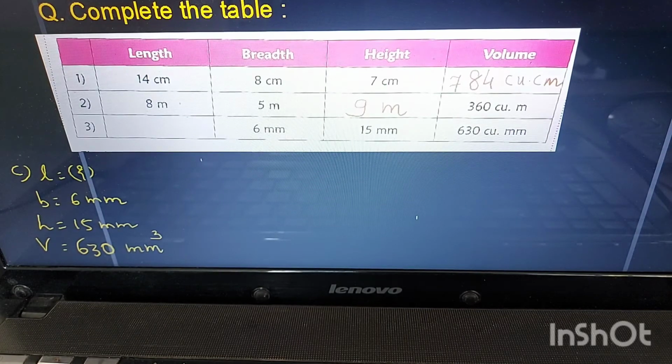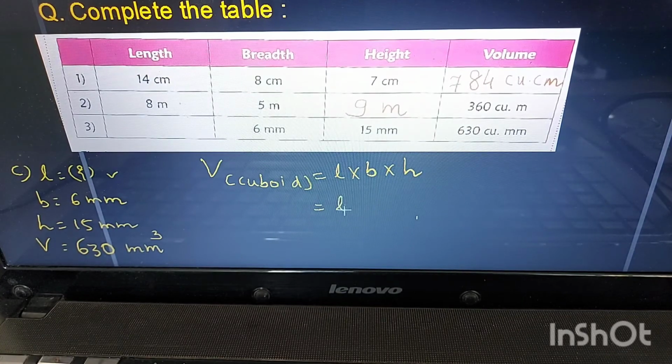Now we will write the formula for volume of a cuboid, and you know the formula, that is length into breadth into height. Okay, let's substitute the values. Length is not given, so length as it is. Breadth is given 6 millimeters and height is given 15 millimeters, so 15, and volume is given as 630.